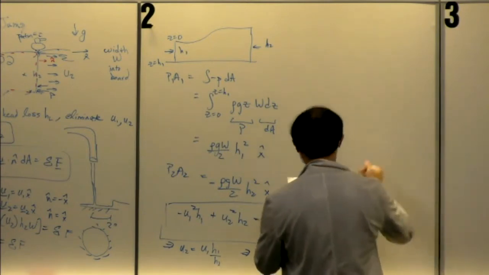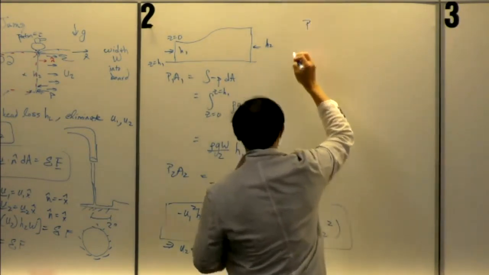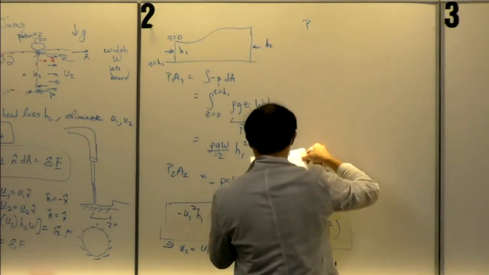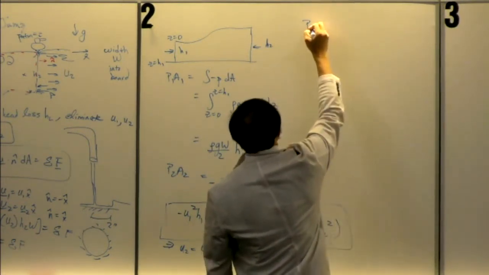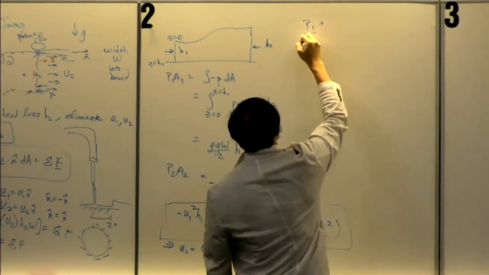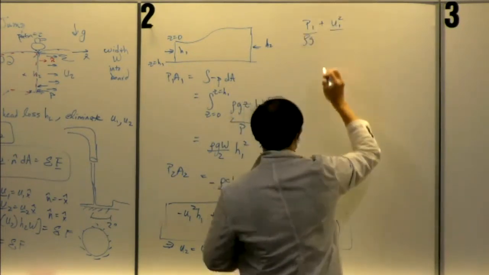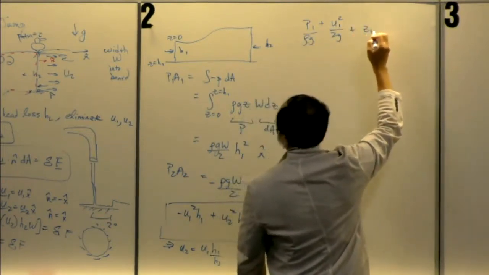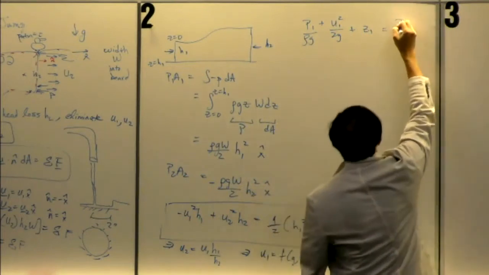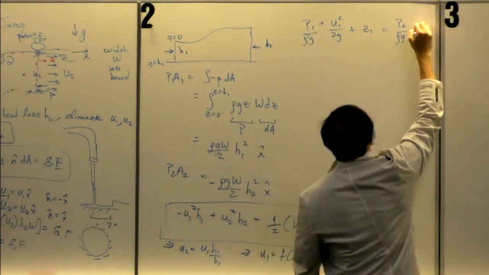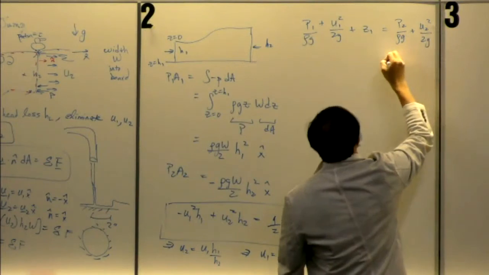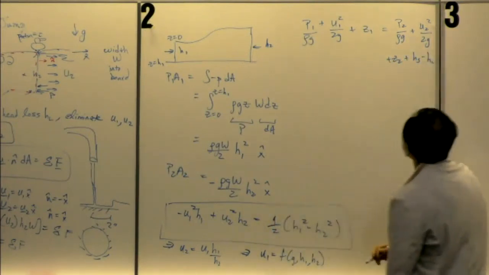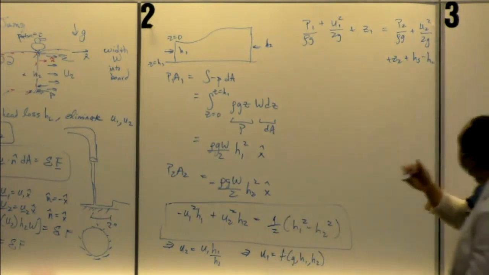The energy equation states that P1 over rho g plus U1 squared over 2g plus Z1 is equal to P2 over rho g plus U2 squared over 2g plus Z2 plus HS minus HL.